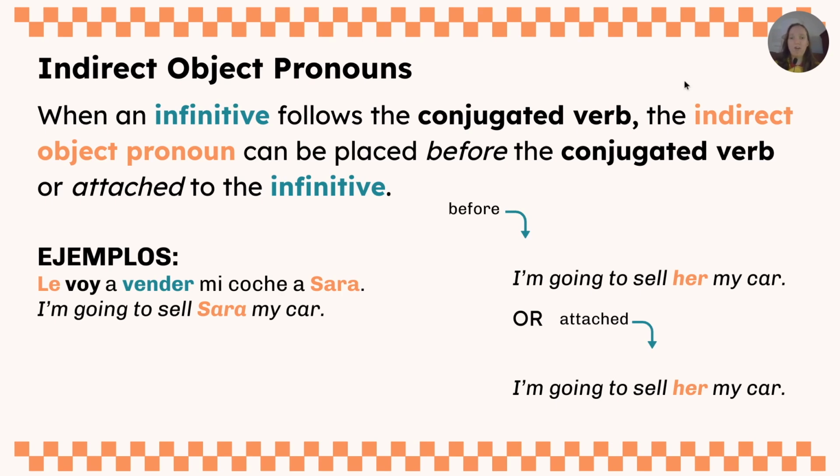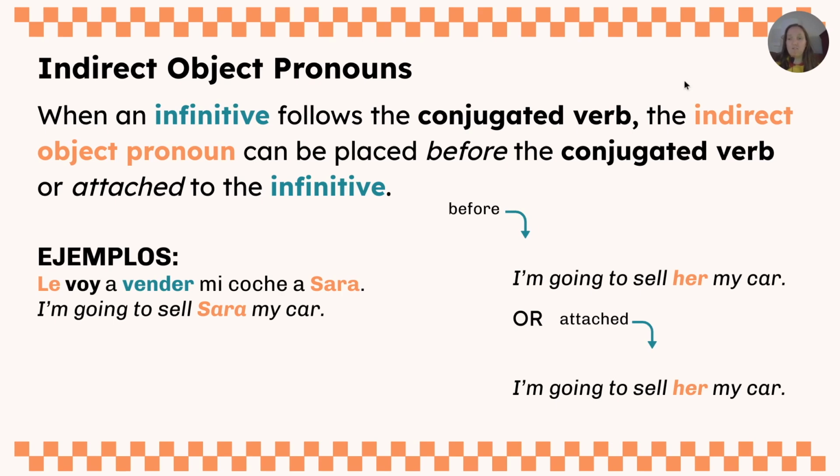to the infinitive. So our initial sentence is, I'm going to sell Sarah my car. In Spanish, we have that as, le voy a vender mi coche a Sara. We see in the Spanish version that the indirect object pronoun is le and it is accompanying Sarah.